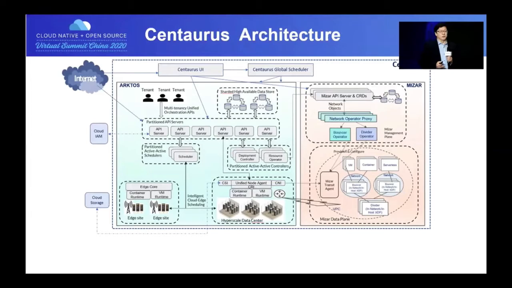First, regional scalability. One of the visions for Project Centaurus is to support a cluster of 300,000 computing nodes and be able to provision and manage more than 10 million network endpoints within a region. So every component in this architecture can be partitioned to handle a large number of requests. Second, this architecture natively supports edge computing.